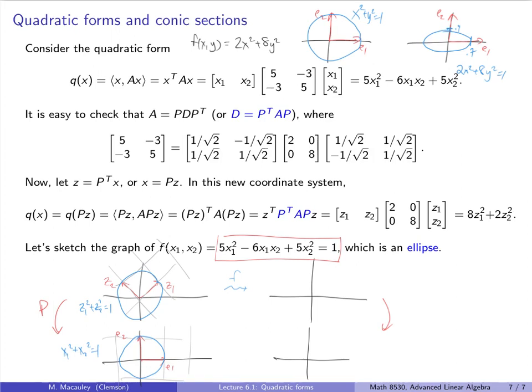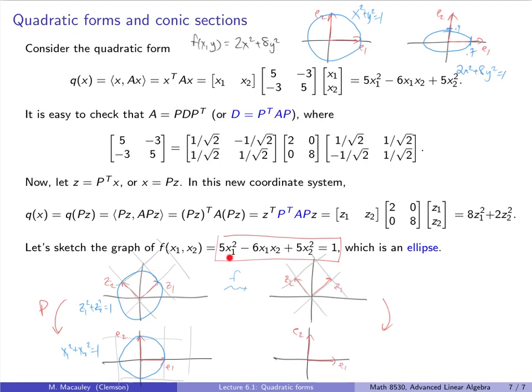Let's draw that same grid over here. So here's Z1 and here's Z2, and let me draw this below as well. So this is E1 and this is E2. Now P doesn't actually change the graph, it just changes the coordinate system.